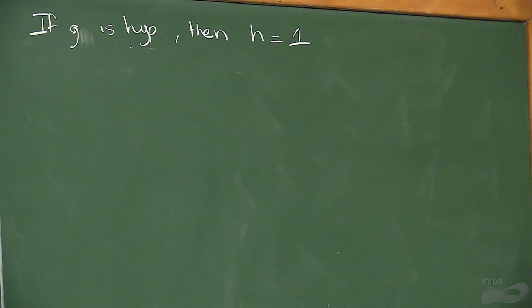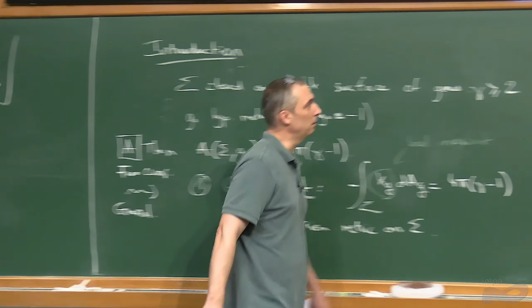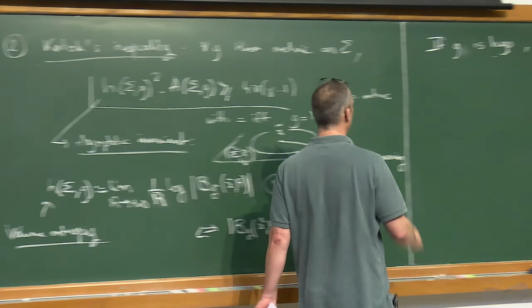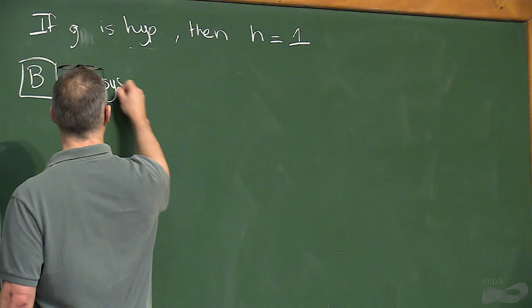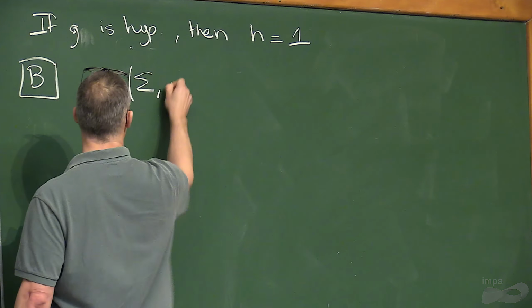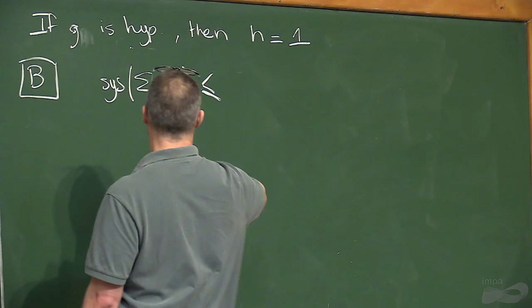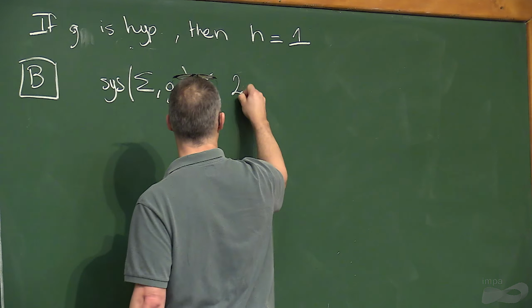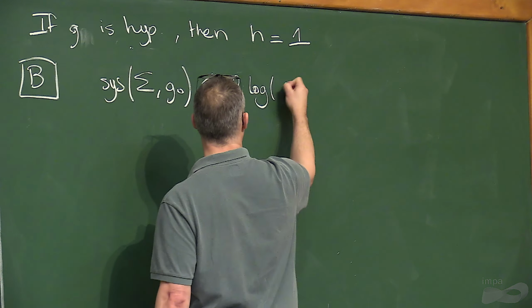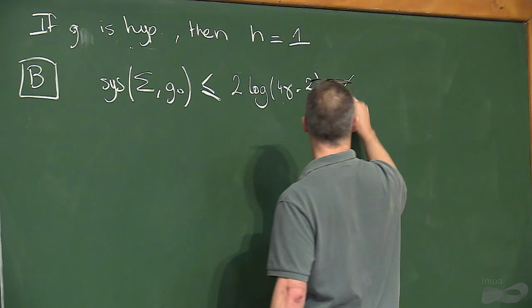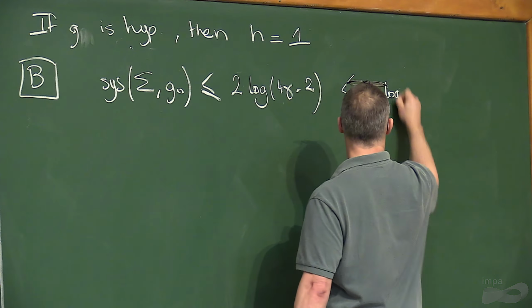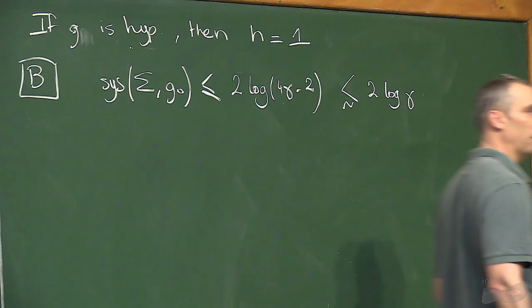So this was my first example. The second one I would like to explain today is the systolic inequality. So for a hyperbolic metric, surely you know that the systole is bounded by the genus like this. We can write it as roughly 2 times log of the genus.